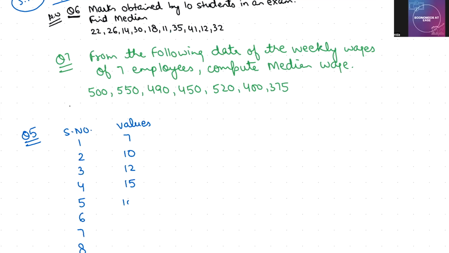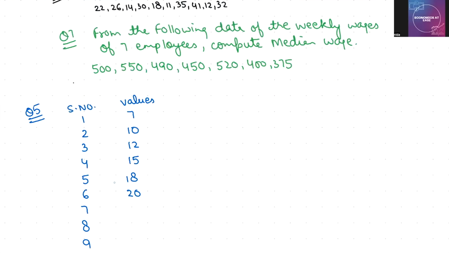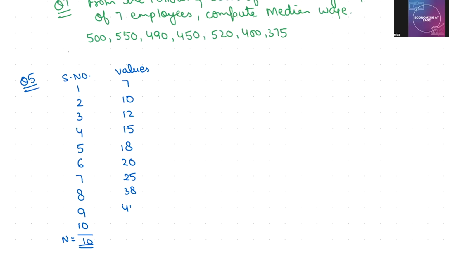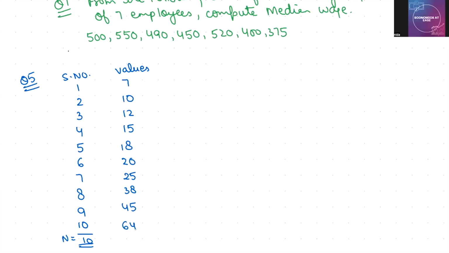You will have the screenshot, so you can check from that. Then 25, then 38, ascending order, right? 45 and 64. This is an individual series of median, right?